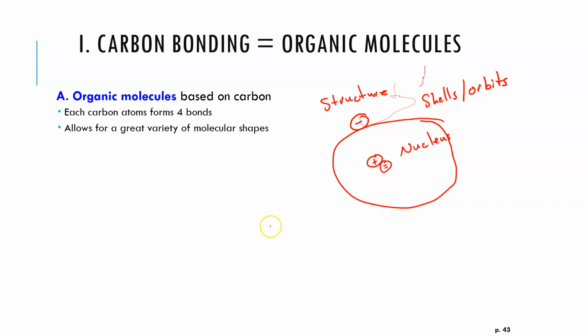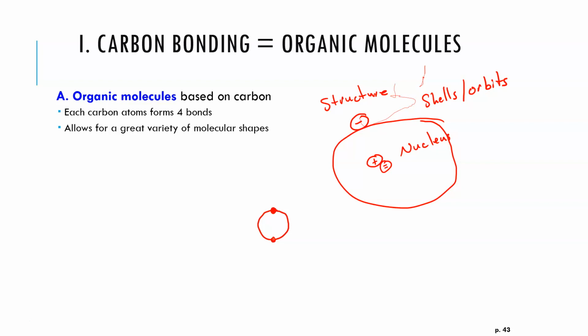If you know anything from basic chemistry, and I only show you this first shell here, there can be a maximum of 2 electrons that go into this first shell. And then it's completely full.